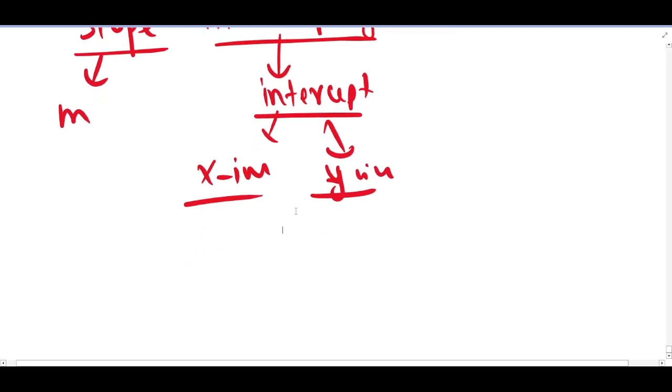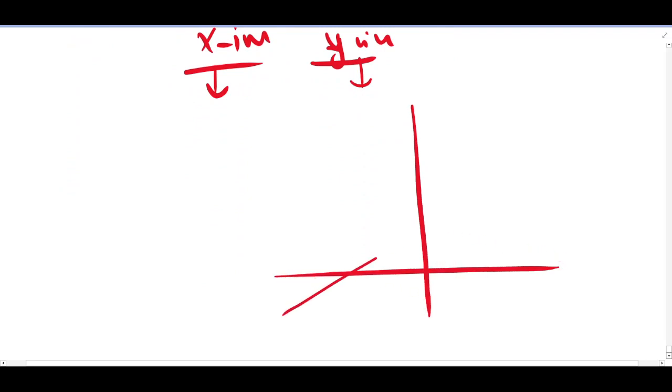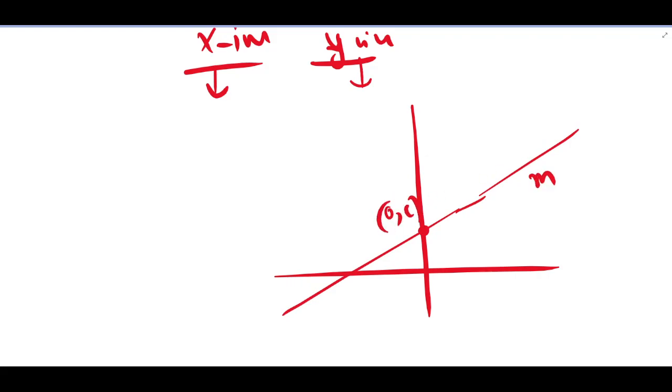Whenever the line intersects the x-axis, we get x-intercept, and when the line intersects the y-axis, we get y-intercept. So consider a line on Cartesian system which has y-intercept 0 comma c and slope m, and consider any point x comma y on the line.